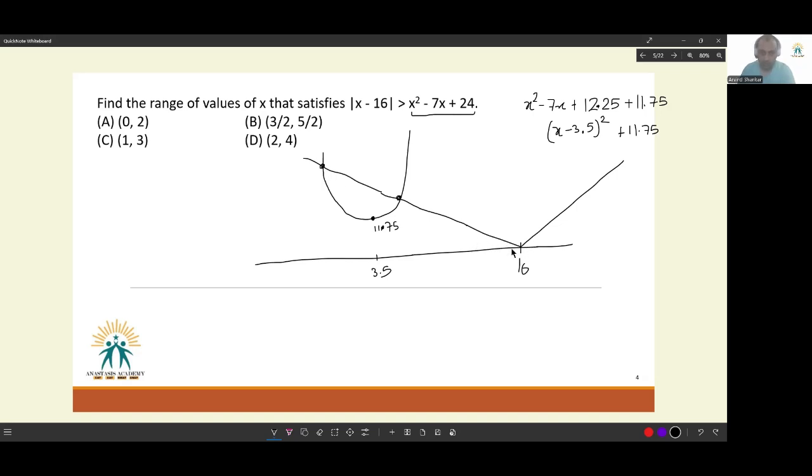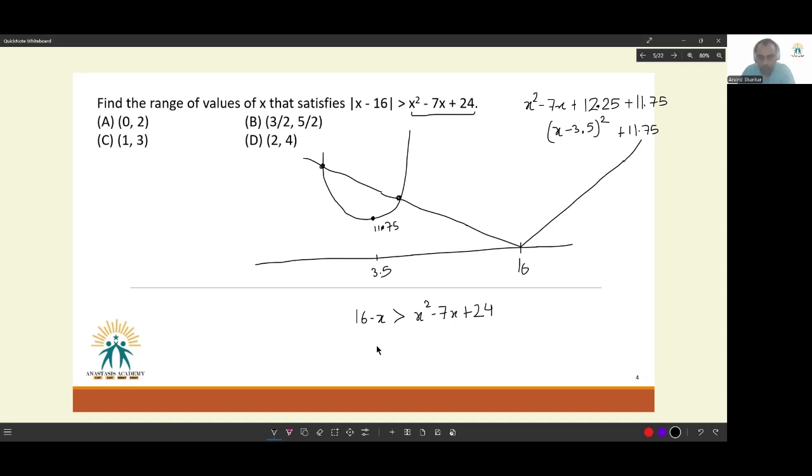Now see, what this implies is both these meeting points would only be in the negative version of x minus 16. So I can directly rewrite it as 16 minus x is greater than x square minus 7x plus 24.